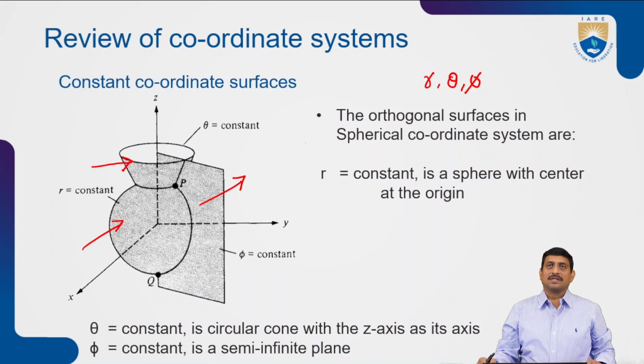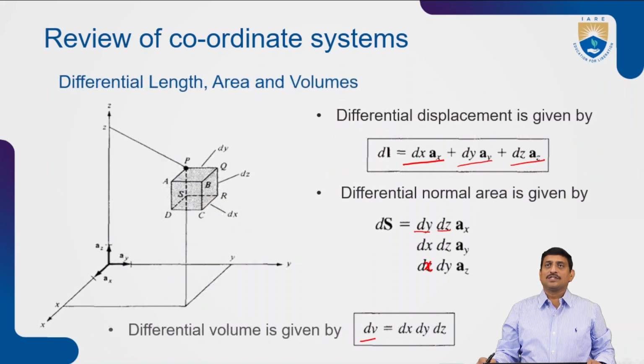We also discussed the differential displacements, differential normal areas and differential volumes in the rectangular, cylindrical and spherical coordinate systems. In the rectangular system, if x, y and z are increased by dx, dy and dz, the incremental lengths along the x, y and z axes are dx, dy and dz only.